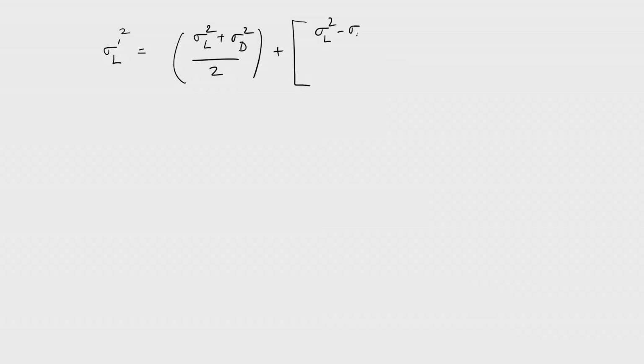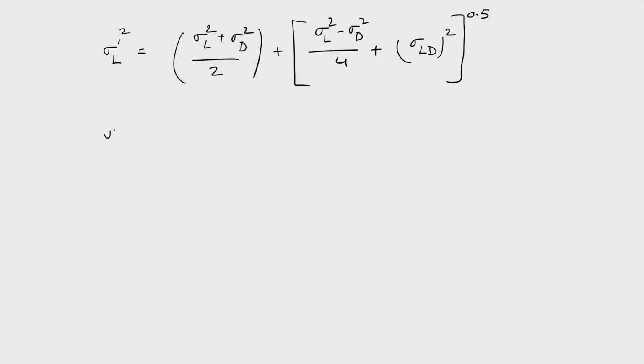This is given by sigma dash equal to sigma L square plus sigma D square, for a 2D variable I am writing it, to the power 0.5.